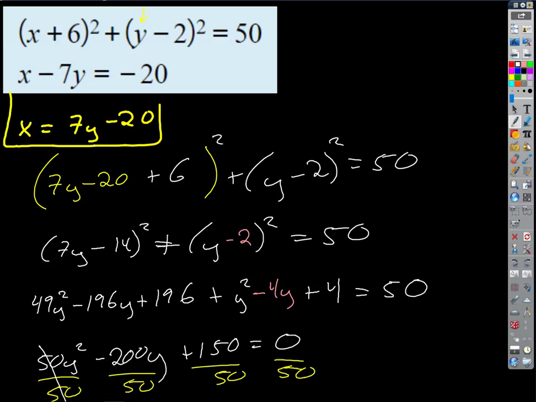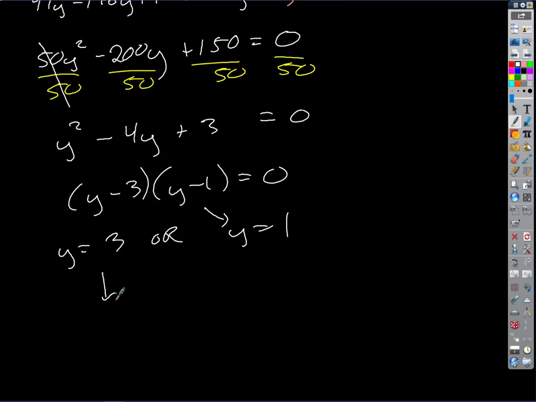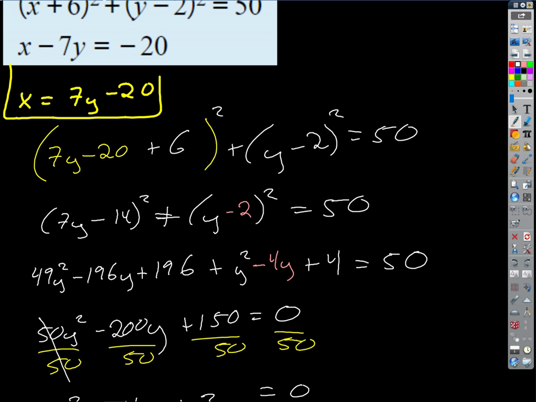So this gives us the ordered pair x is 1, y is 3. How about this one? We know y is 1. If I plug in 1 for y, what do I get? 7 minus 20, negative 13 for x.